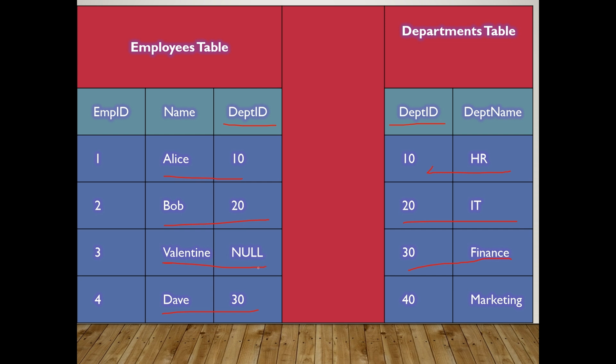So in this query, only Alice, Bob, and Dave will appear because their department ID matches in both tables. Valentine is left out because inner join excludes rows without matches. So the key point for interviews: inner join is used when you want only the matching records.